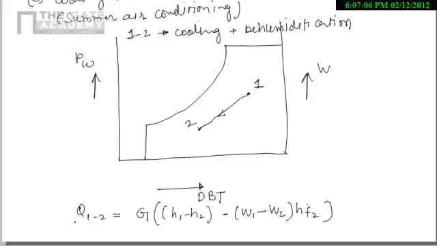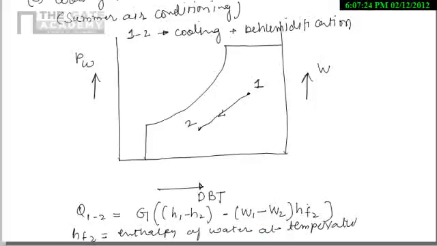HF2 is the enthalpy of water at temperature T2. So now with the help of this formula we can easily calculate the heat load.